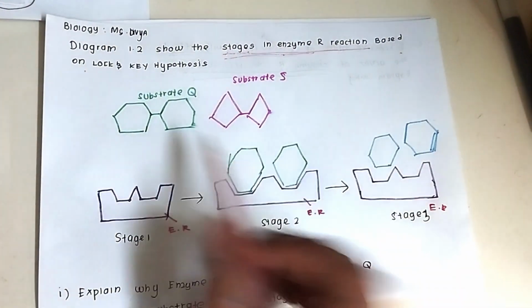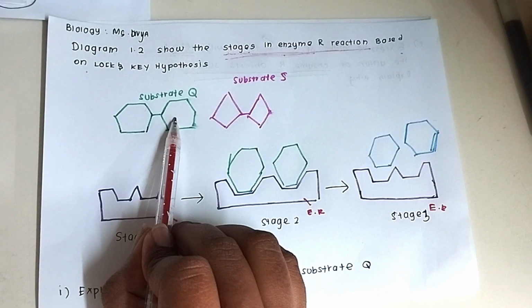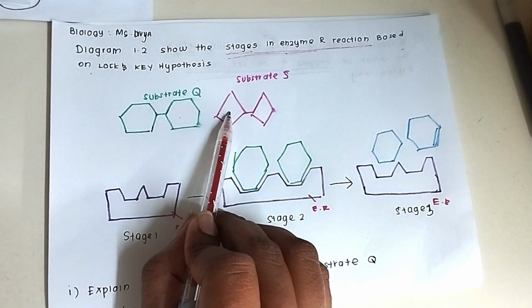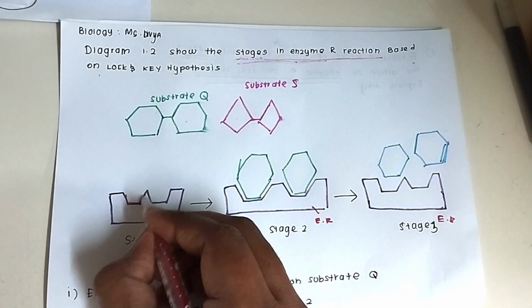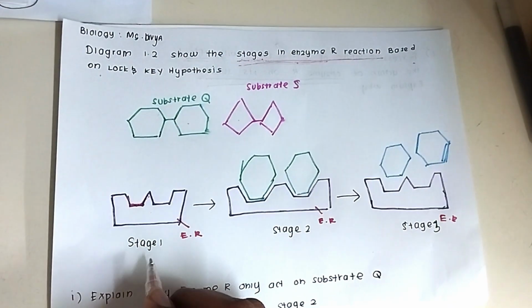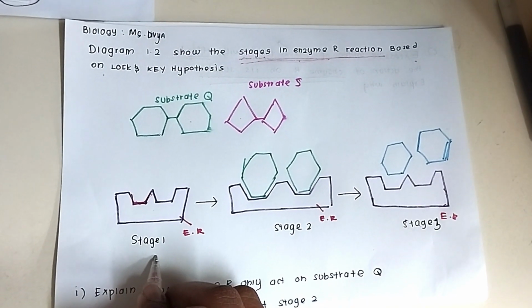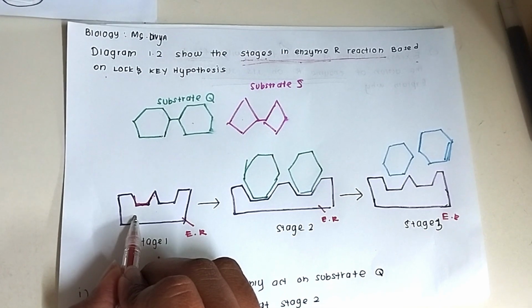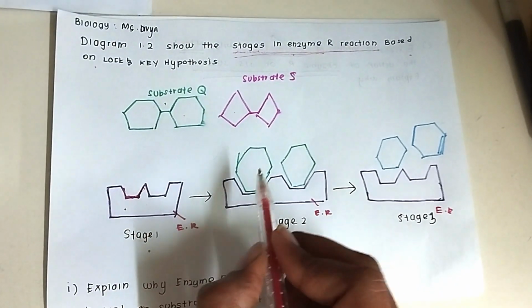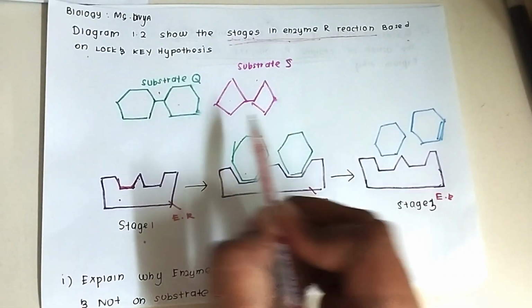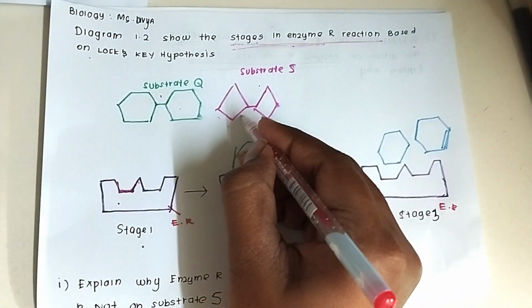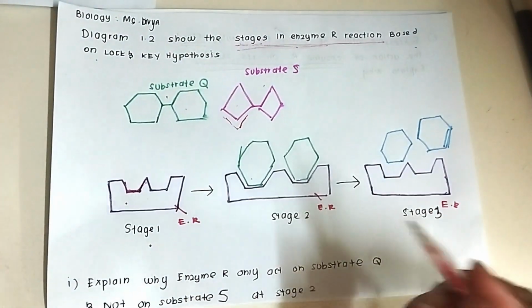Now we have two types of substrate. It depends which substrate is compatible with this active site. So this is the active site of the enzyme. From this shape, you know that substrate Q is more compatible compared to substrate S. Why? Because look at their shape. Are they specific?